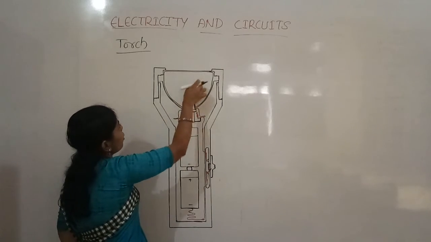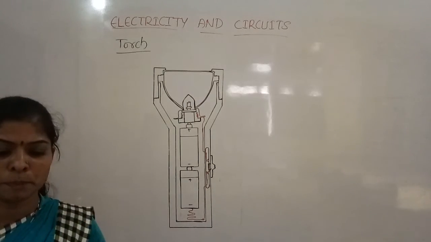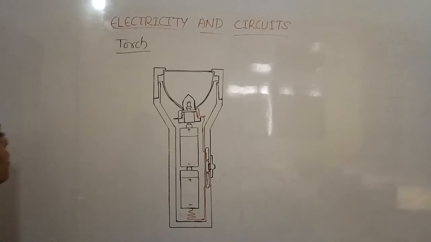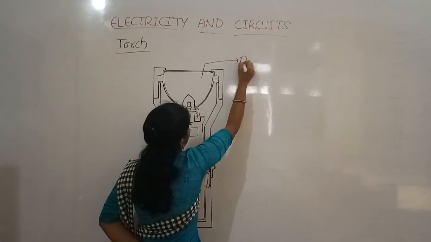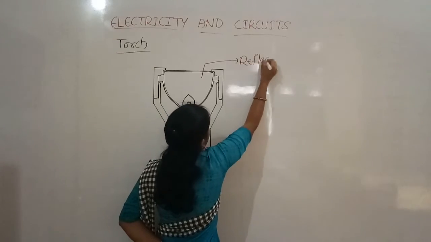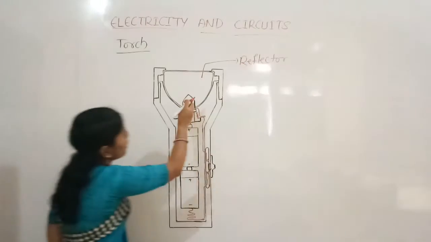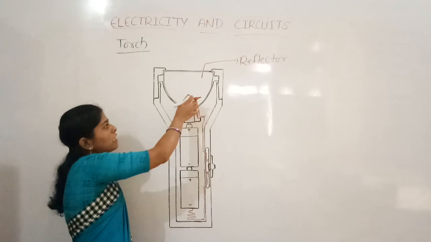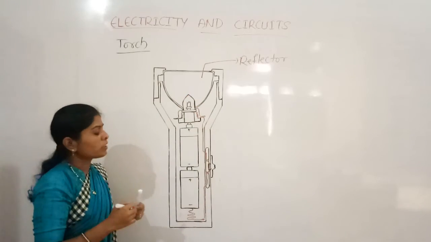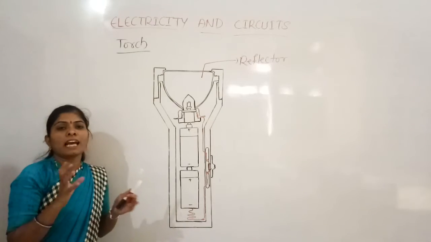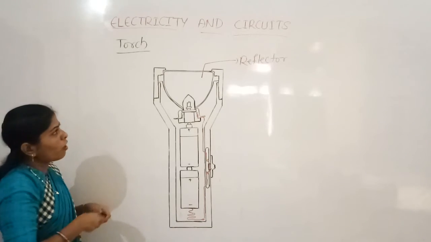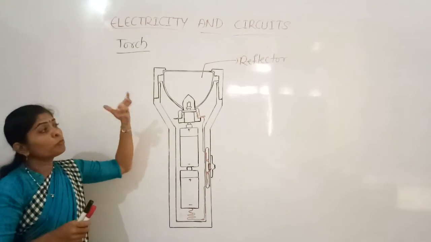Here the reflector is there. So this is the reflector. The bulb we are using here is very small, but when we switch on the torch, it gives more light.